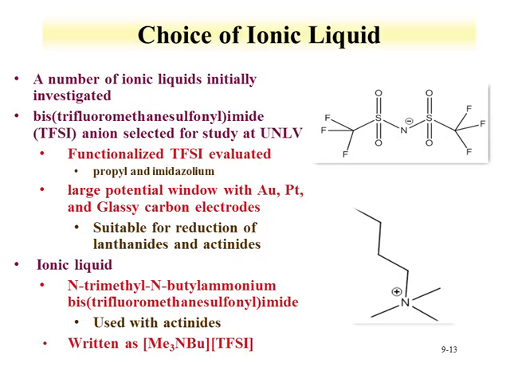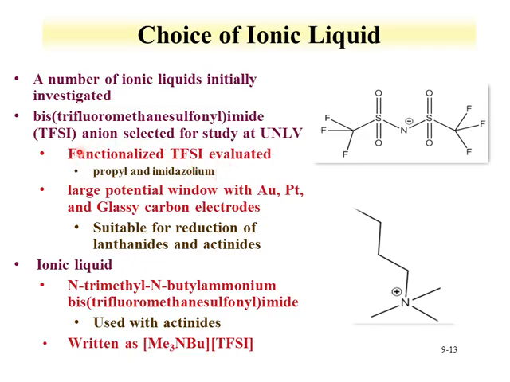As we discussed earlier, there's a large multitude of ionic liquids that are available for study. At UNLV, we've selected the TFSI, the bis(trifluoromethanesulfonyl)imide, as the anion for our ionic liquid, which is shown here. This compound has been functionalized.